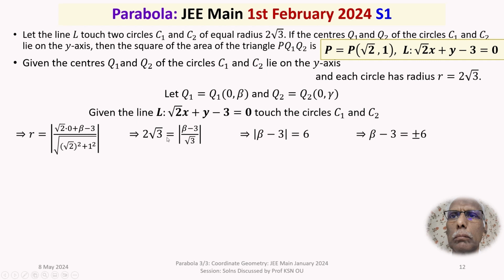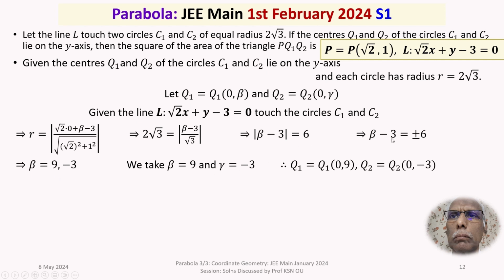2 root 3 is equal to modulus of beta minus 3 by root 3. Cross multiplying, you will get mod of beta minus 3 is equal to 2 root 3 into root 3, that is 2 into 3, equal to 6. So mod beta minus 3 equals 6 means beta minus 3 is plus or minus 6. Beta minus 3 is 6 will give you beta is equal to 9.